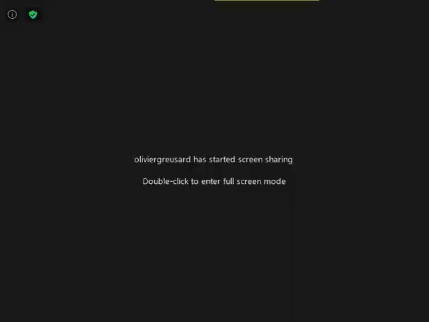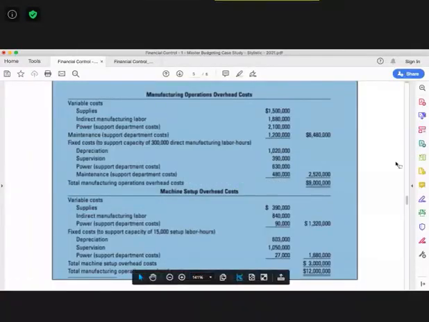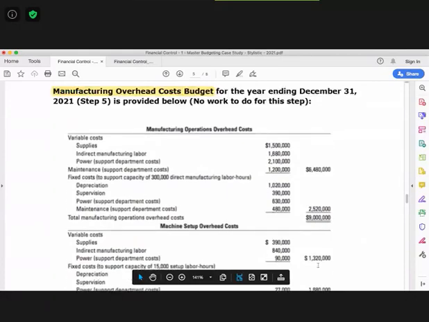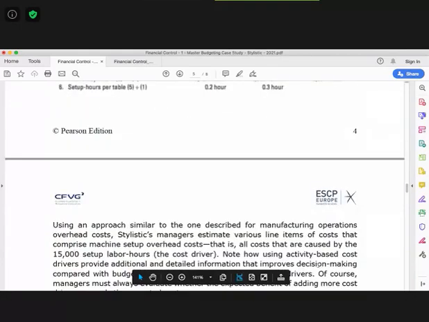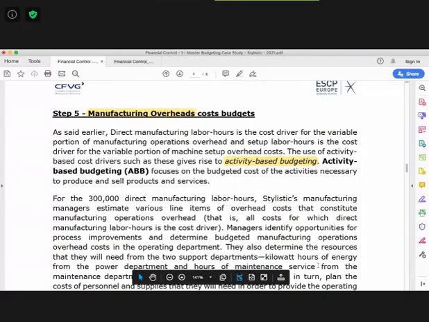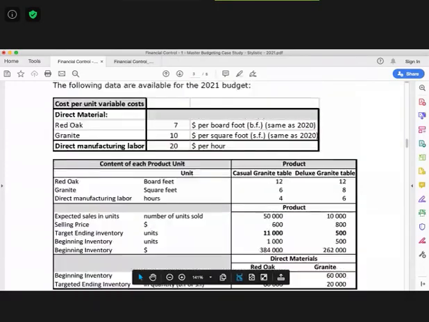So coming back to the case, we know the 9 million, 12 million. And now we need to identify what is the cost driver of each activity. I think we have the information maybe even earlier.